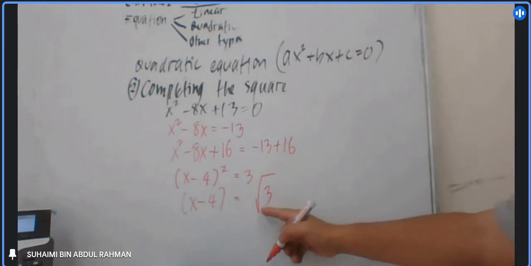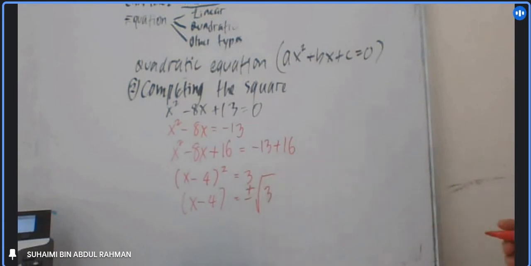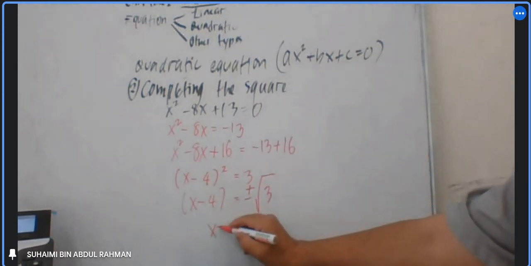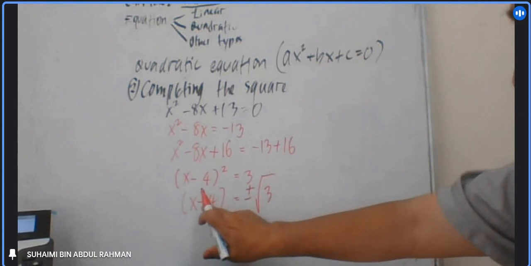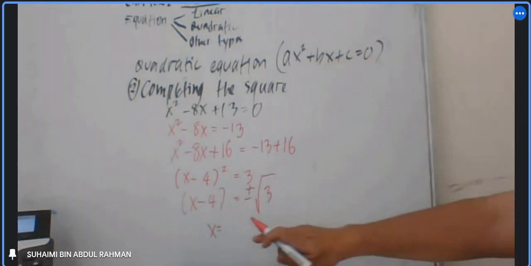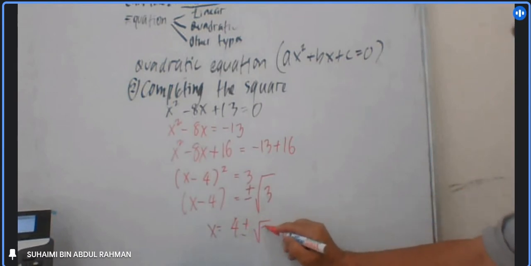But remember that in front of the square root must be plus and minus. So x minus 4 is equal to plus minus square root of 3. X only, we bring 4 across. X only is 4 plus minus square root of 3.